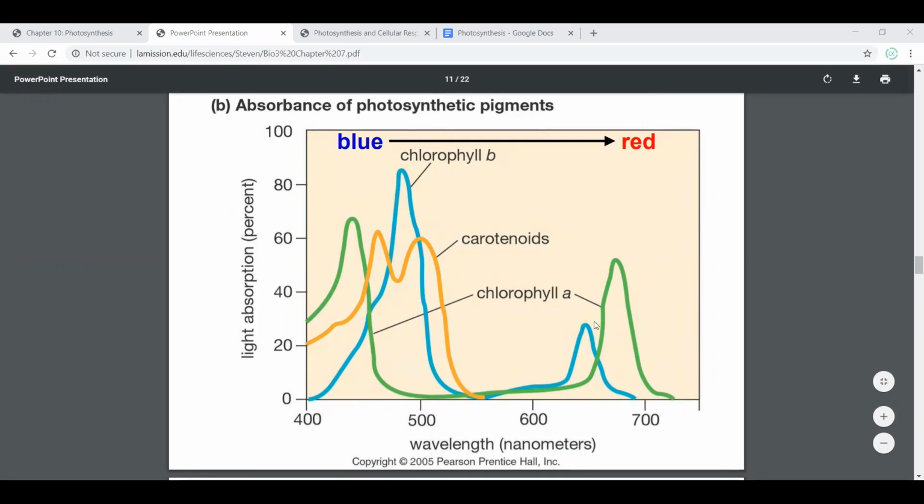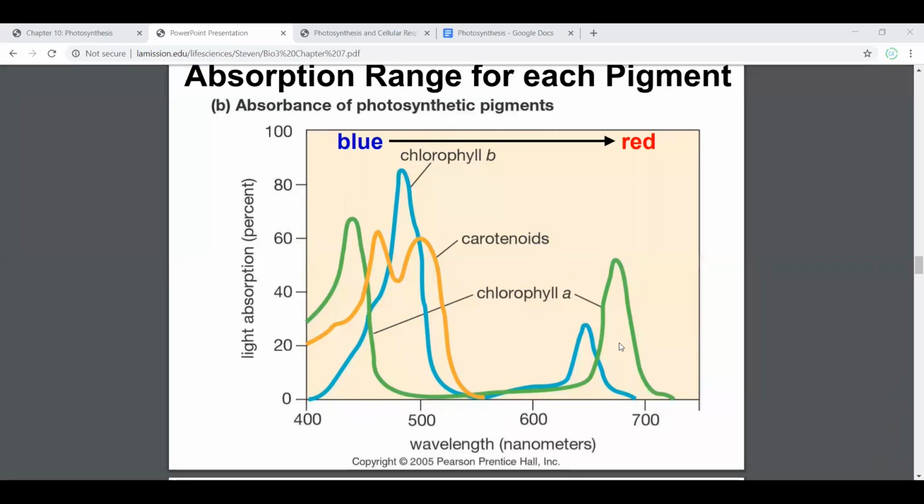You can see it absorbs red here, it absorbs blue and violet here, it absorbs some yellow, but the main thing is that it does not absorb green. Chlorophyll A does not absorb green. And you can see that here on the absorption spectrum because you can see the green line kind of has no absorption down here.